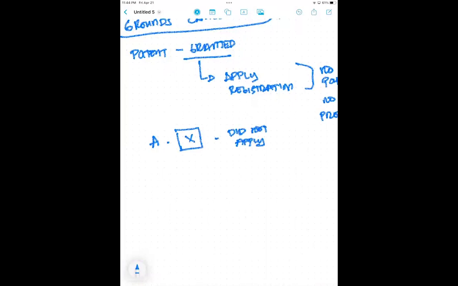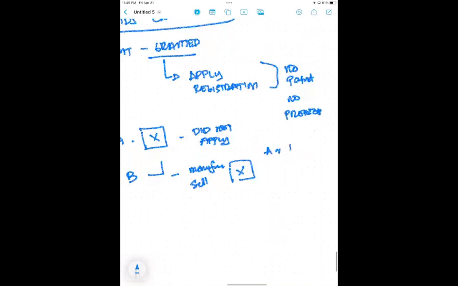Now, while A was using X, B saw X, and B is knowledgeable about how to come up with his own X. And because of that, B was able to manufacture and sell X. And because of that, nakikita ni A na mas yumayaman si B. And A filed a case against B for patent infringement. If this is the question to you, what will be your answer? If the question is, should you hold B liable for patent infringement?